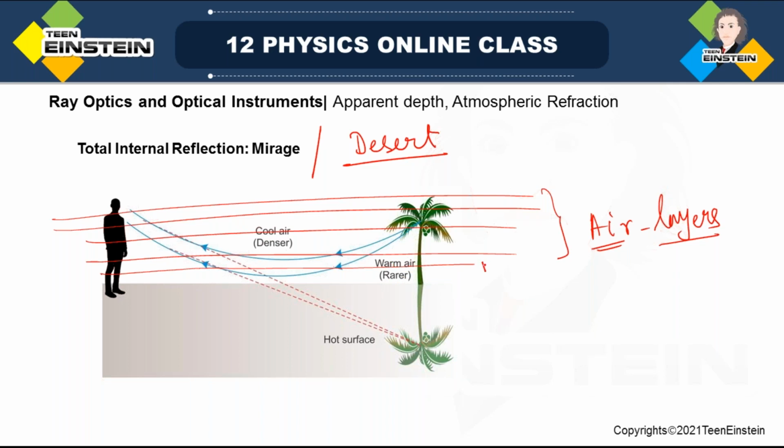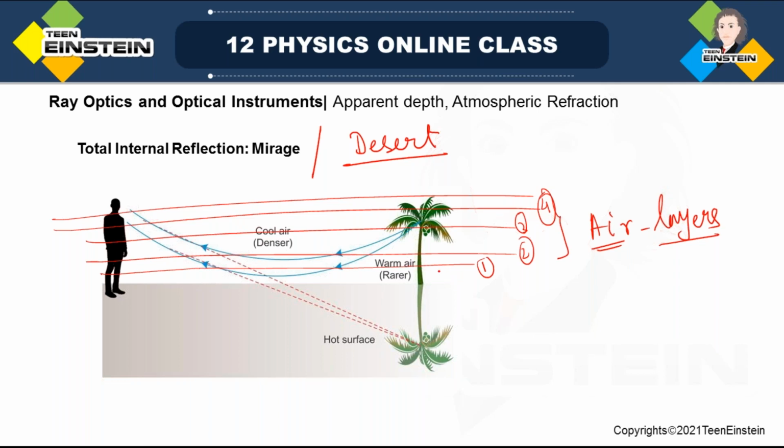As you go from medium 1, like layer 1, layer 2, layer 3, layer 4, and so on, the layer near the eyes of the man is actually cold air compared to the air near the earth surface.